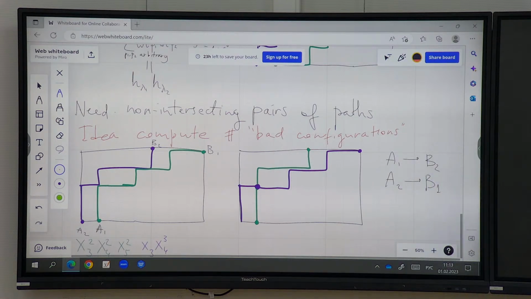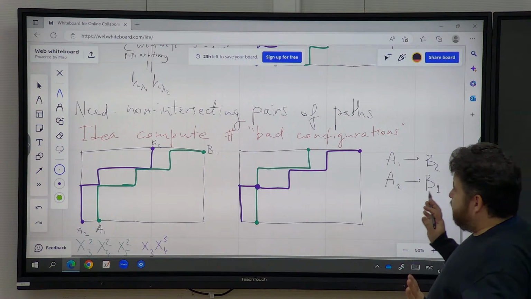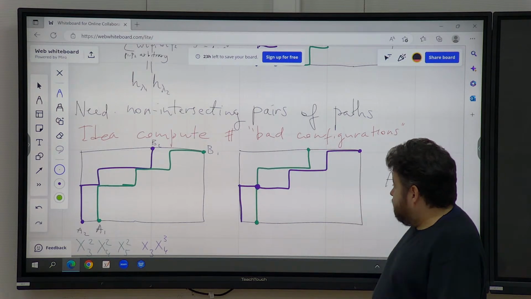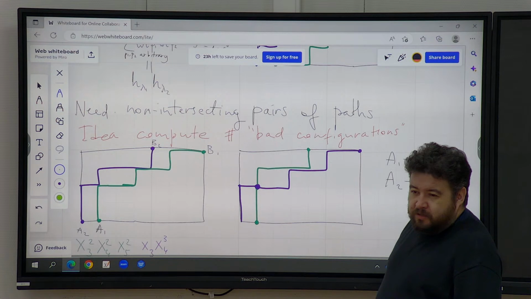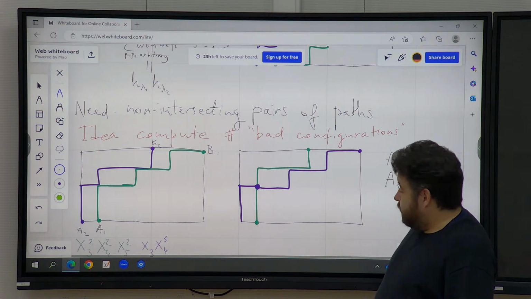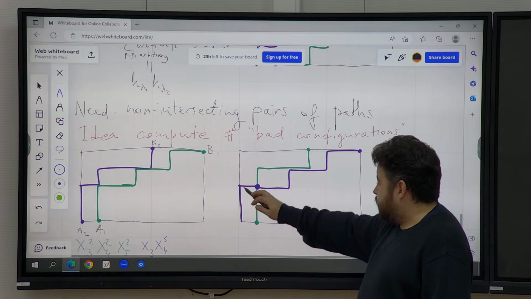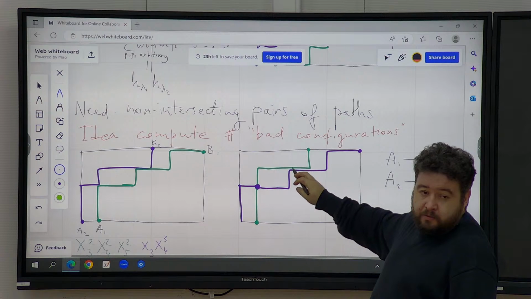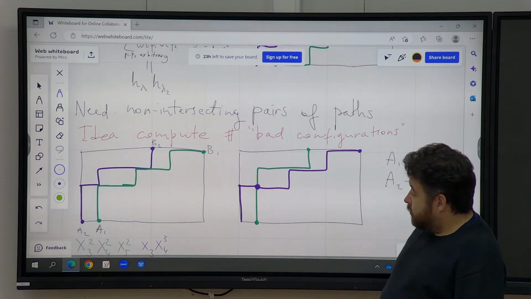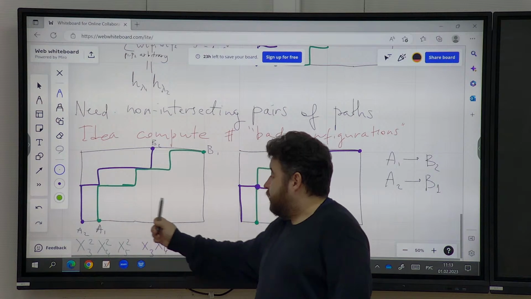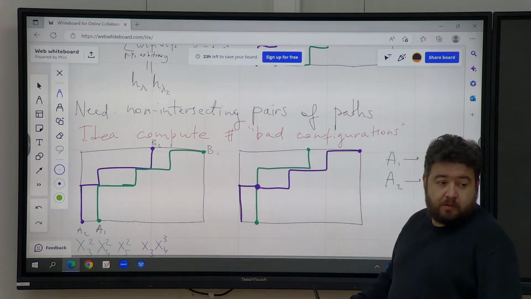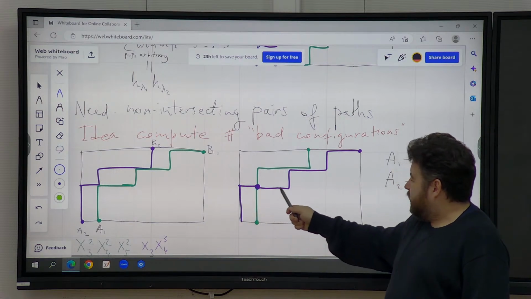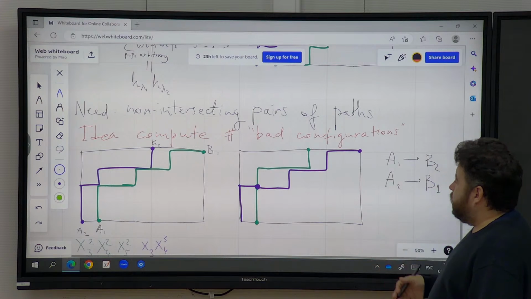You see that there are paths without any restrictions, intersecting and not intersecting. So I'm starting from this point and end up here. How many steps do I make? This guy was making lambda 1 steps. What about that one? Let's say the divided one.